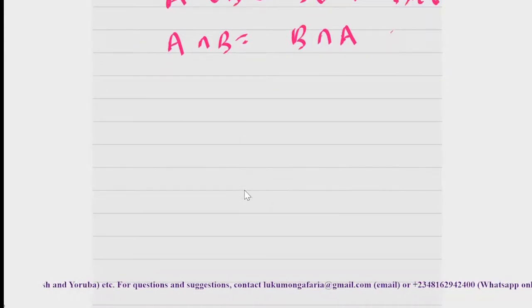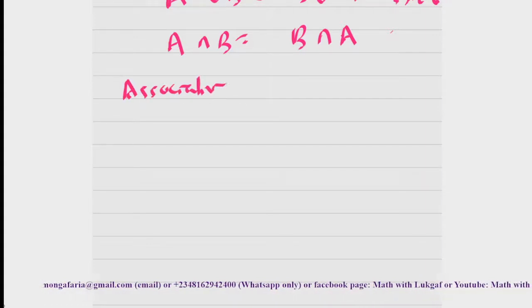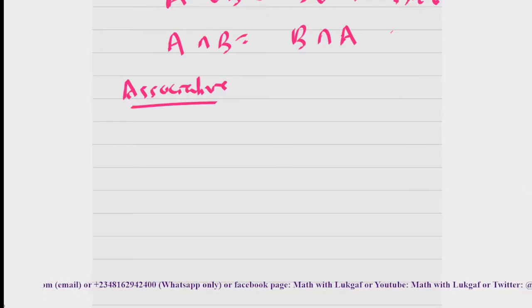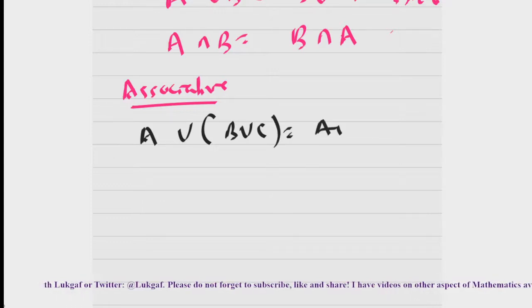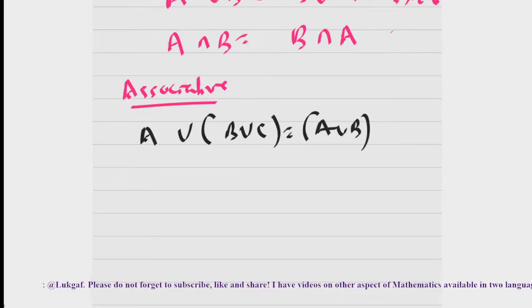If that is clear, another law we have is associativity, the associative property. What is associative saying? That is when you have three sets, then A union B union C is the same thing as A union B union C, grouped either way.